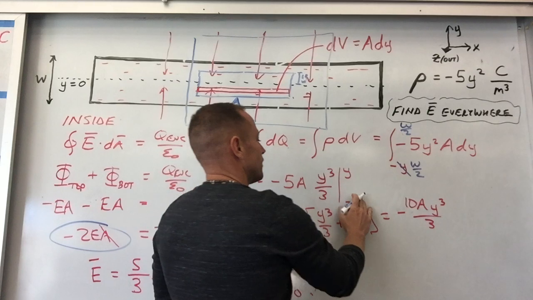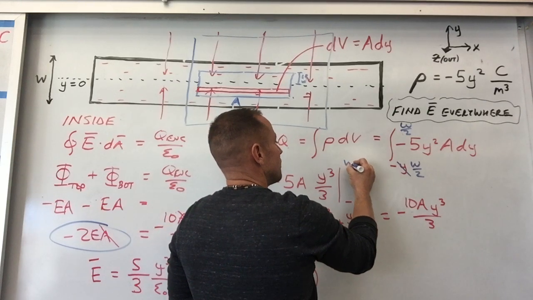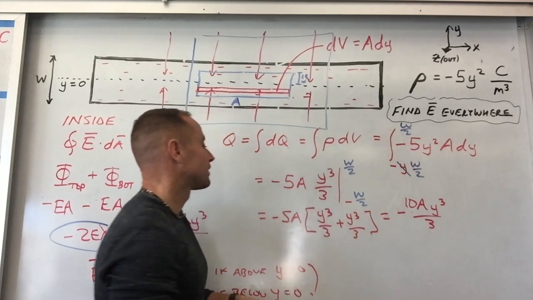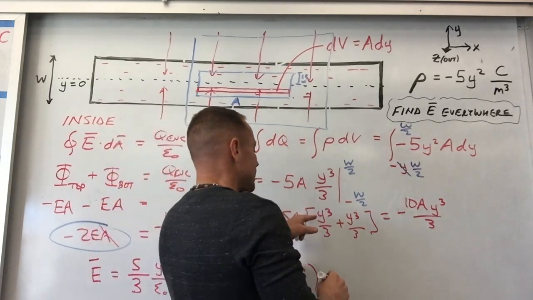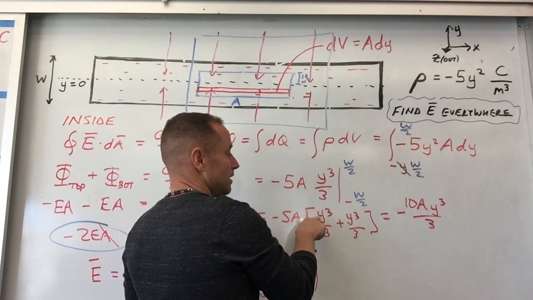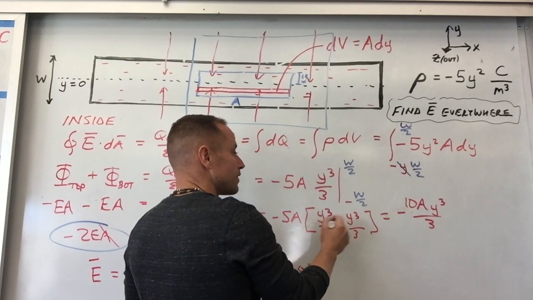So these limits would just change from y to W over 2 and minus W over 2. Everywhere you see the y here, you're going to put a W over 2 in there. So just substitute that in for the y.